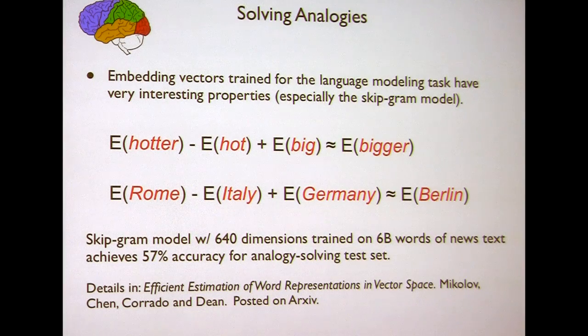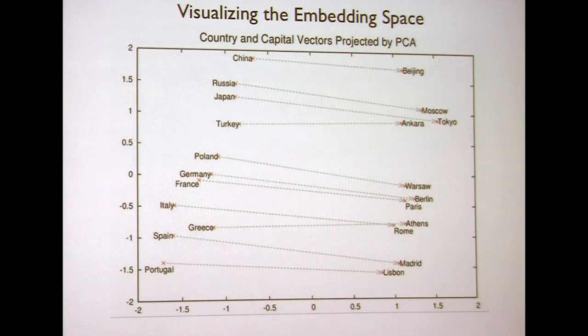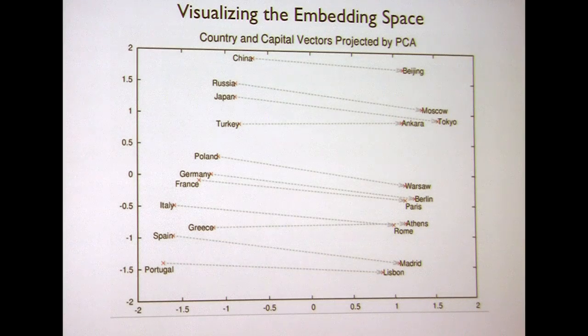To show you why this works, we can take the high-dimensional vectors for countries and capitals and project them down to 2 dimensions so we can actually see them on the screen. We project them down with principal components analysis for a bunch of countries and a bunch of capitals. You see why this works, because you go in roughly the same direction from the country to get to the capital for each of these pairs.